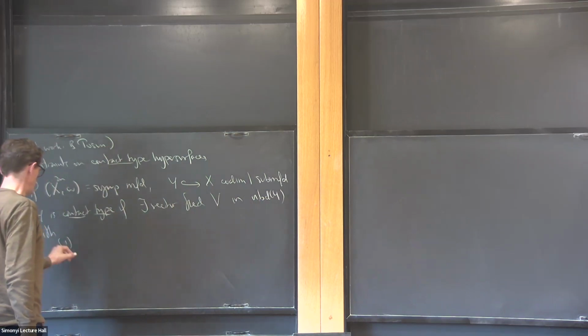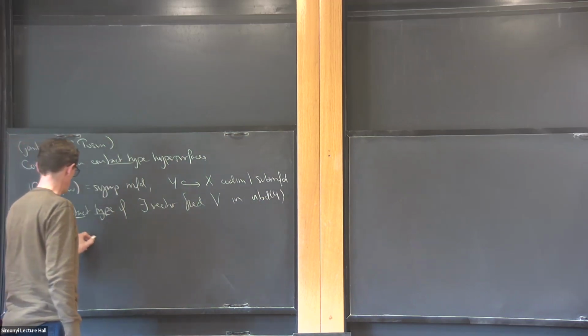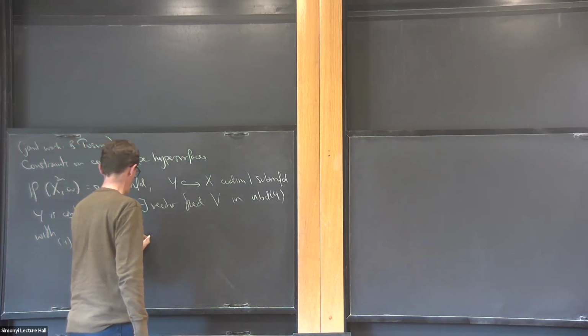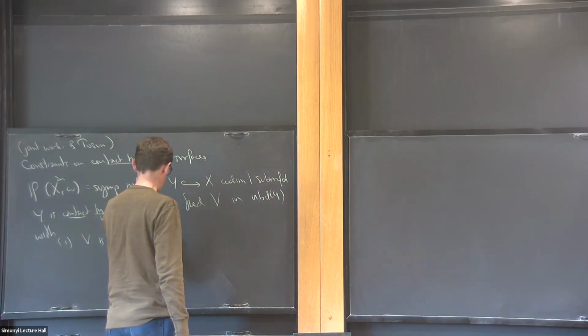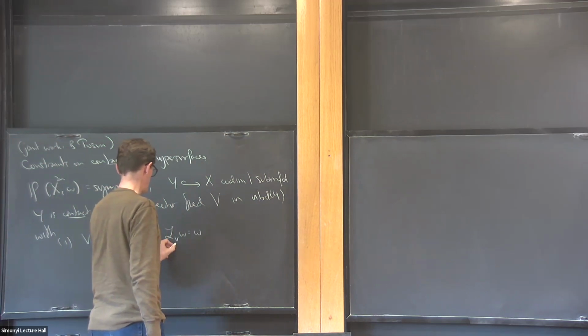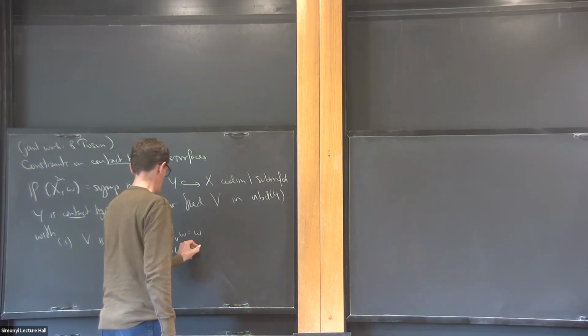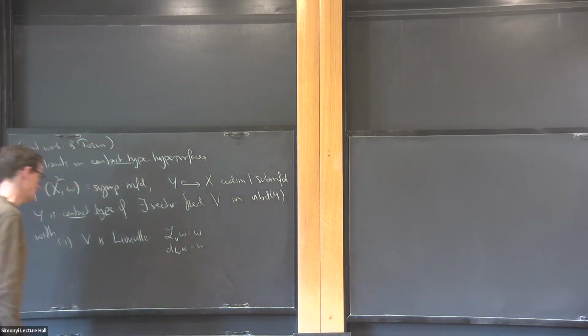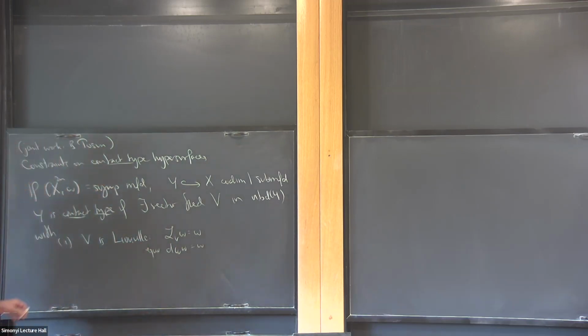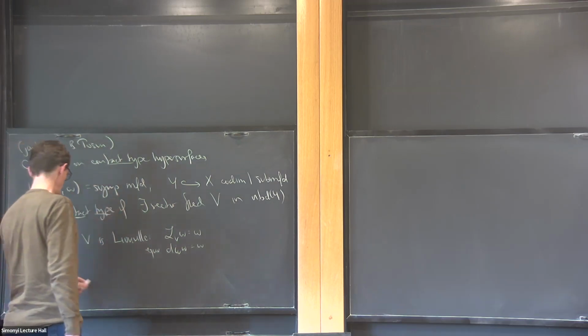So it should be a Liouville field, so it expands the symplectic form, or I guess that amounts to saying that something is closed, either of those. And then it should be transverse to the submanifold everywhere.